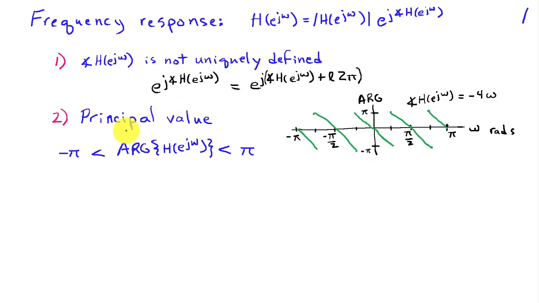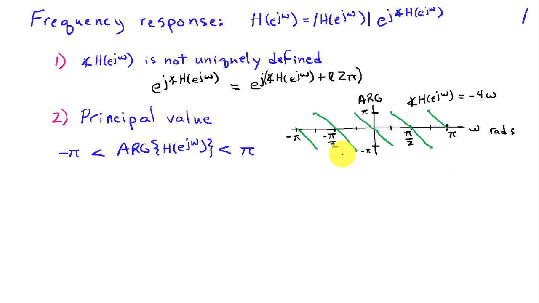We're going to define the principal value of the phase, which is signified by capital ARG of H of e to the j omega, and that's the value that we would compute numerically, and it's going to be between minus pi and pi. So if I had a phase angle of negative 4 omega on the interval minus pi to pi for omega, then the phase is going to go from 4 pi down to minus 4 pi.